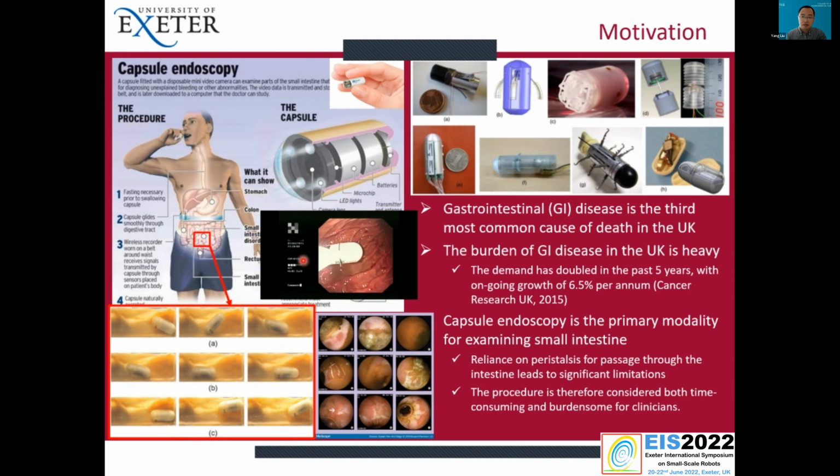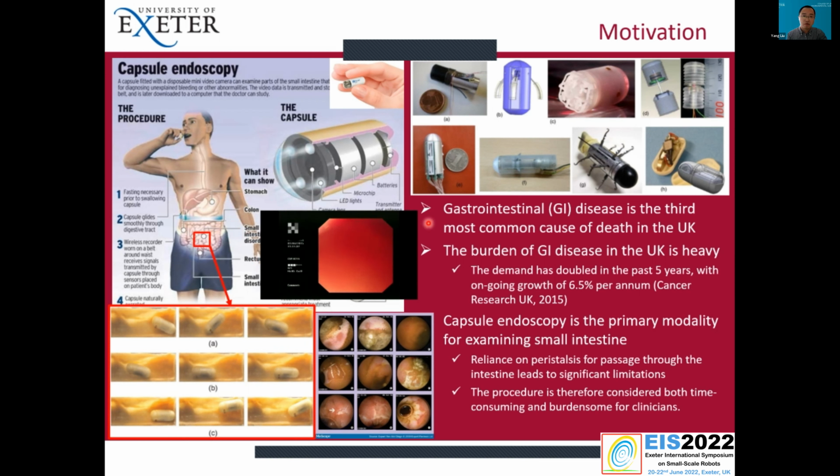Another disadvantage of the capsule is that sometimes it can move very fast, so the camera cannot capture the symptoms in the GI tract. Because it's driven by peristalsis, the speed cannot be controlled.